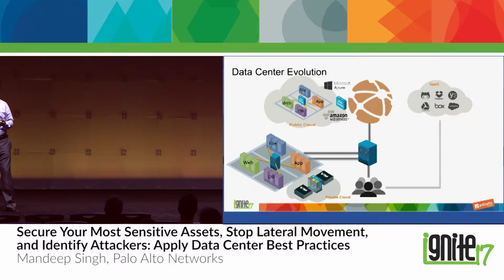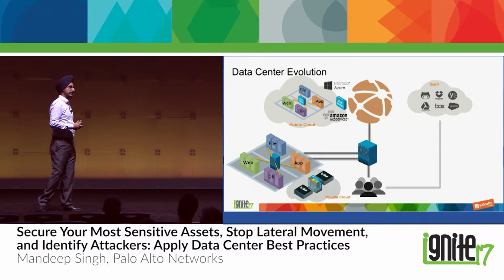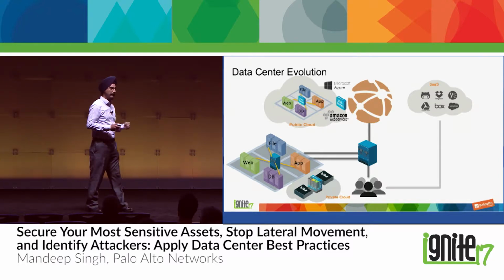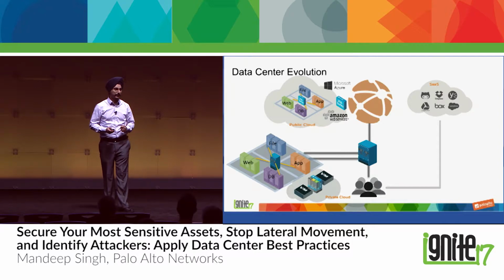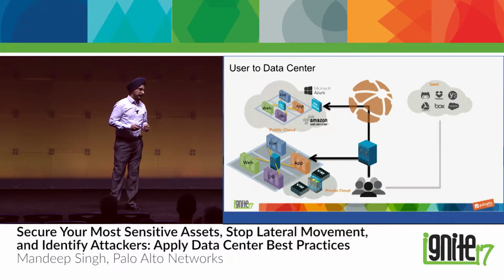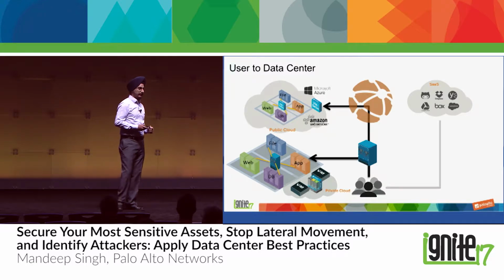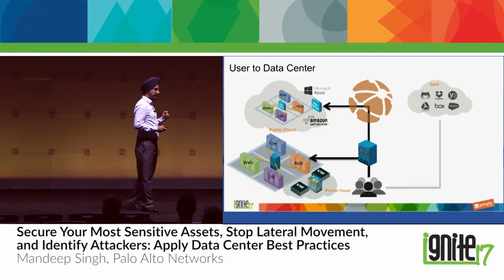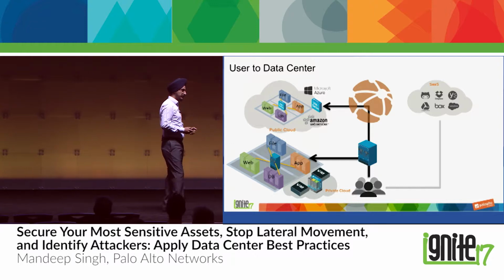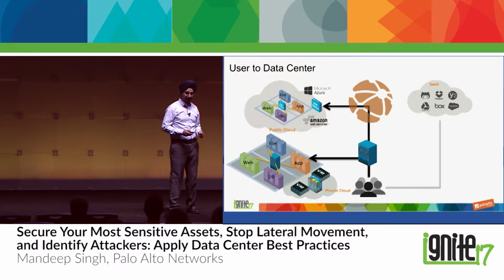So in this hybrid model, there are 4 fundamental flows that will drive our discussion through the rest of this session on how we go about implementing best practices. The most common flow in a data center, of course, which is the most amount of traffic also, is the users going into the data center.